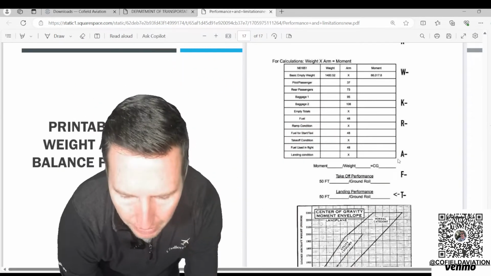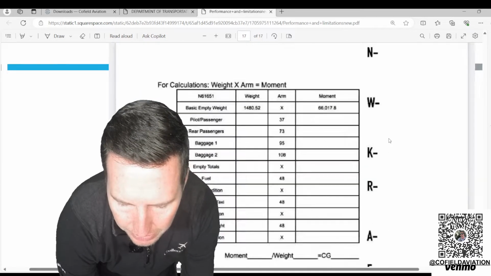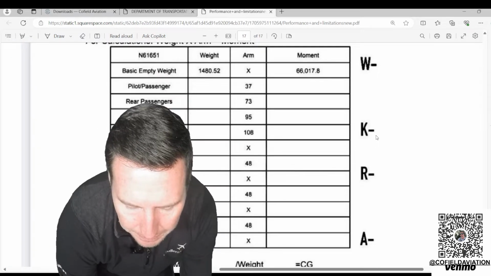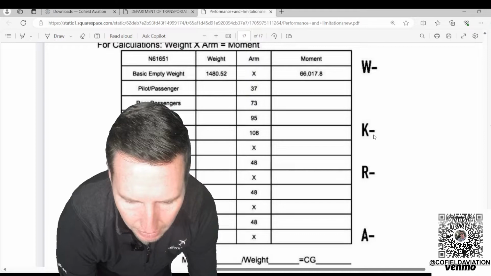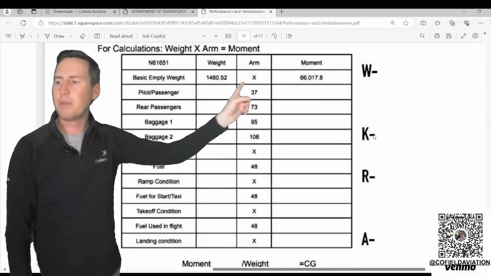Okay, so let's go ahead and get started. Again, our students are going to be super familiar with this sheet. All right, so again, calculations: weight times arm equals moment.